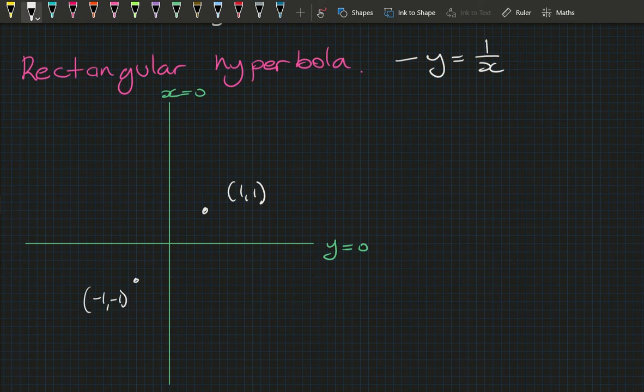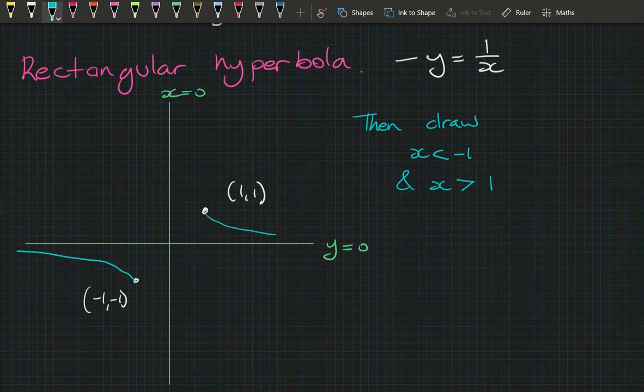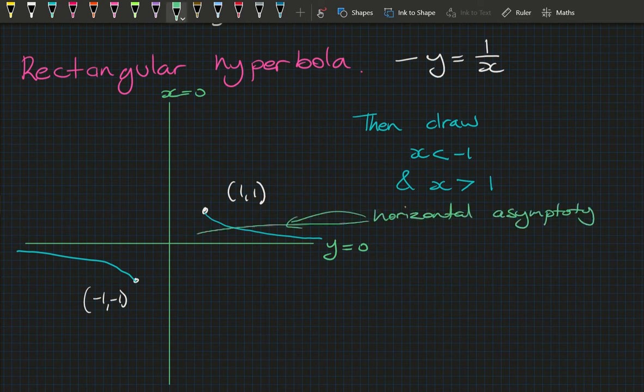Okay, because 1 divided by 1 is 1 and 1 divided by -1 is -1. Then we can mark in the lines where x is less than -1 and greater than +1. So here is the less than -1 and the greater than +1. You can see that these are both going towards the horizontal asymptote y equals 0.